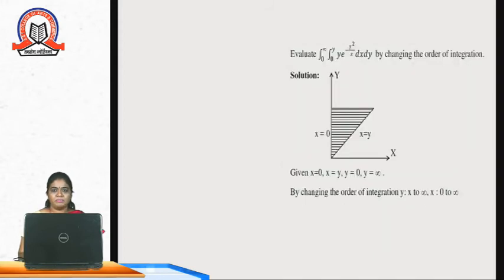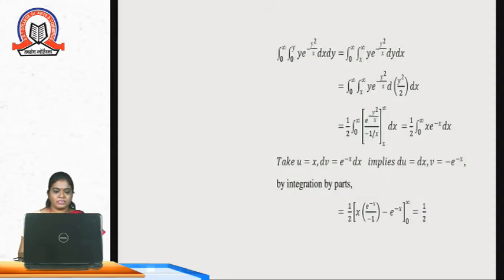We can see the problem here. We evaluate integral 0 to infinity, integral 0 to y, e power y square by x dx dy, is the question for changing the order of integration. Here x limits are 0 and y. Y limit is 0 and infinity. By changing the order we are getting y equal to x to infinity, x is 0 to infinity.